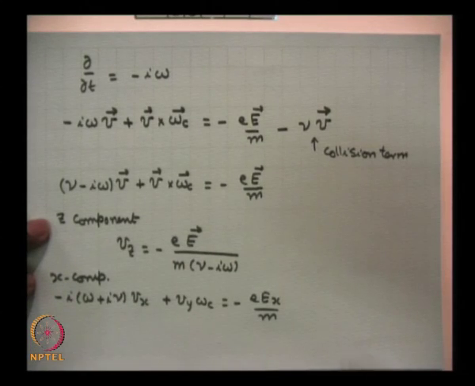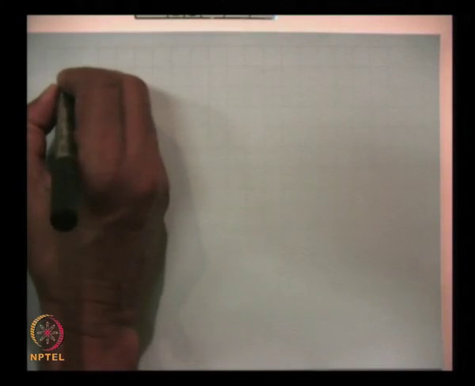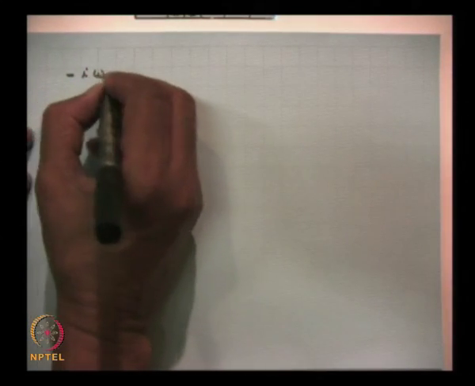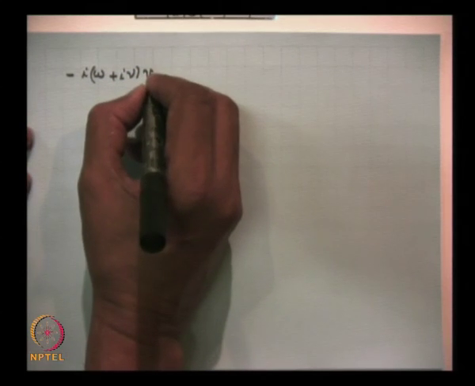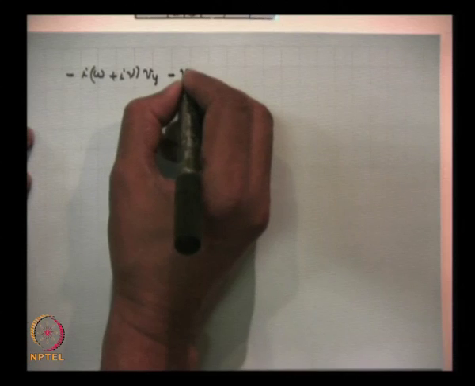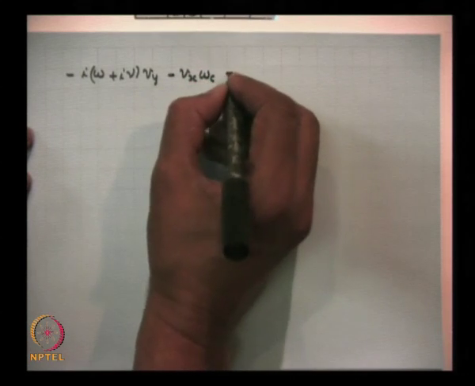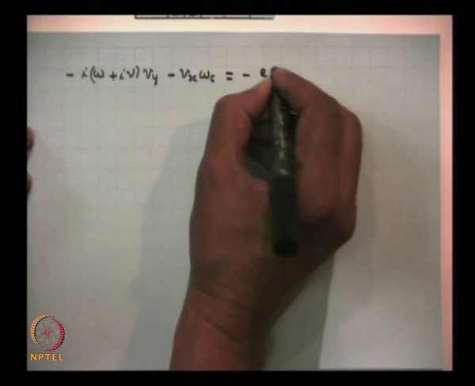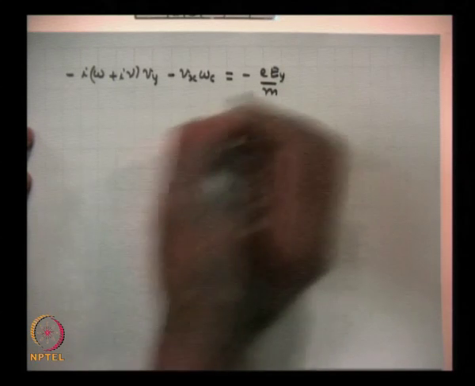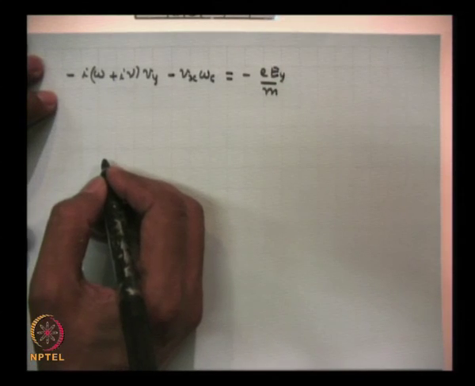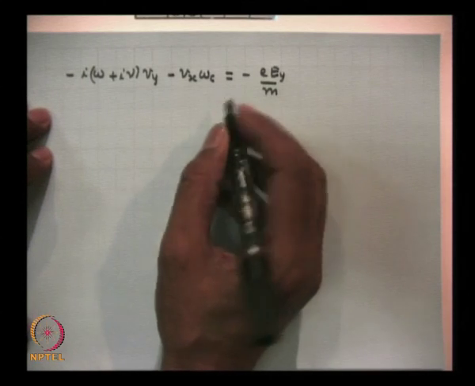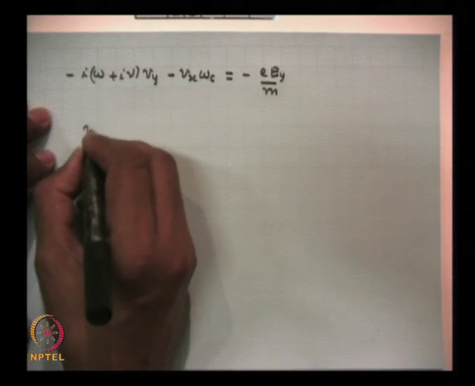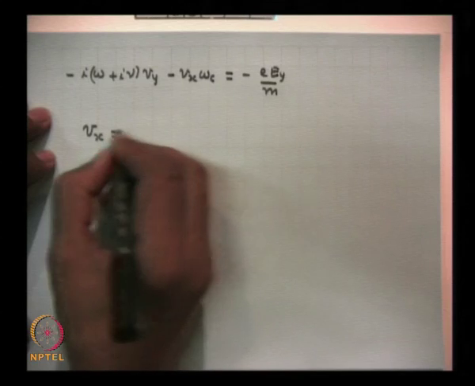Similarly, I will write down the y component, which turns out to be minus I (omega plus I nu) into Vy minus Vx into omega c is equal to minus Ey upon m. These equations are coupled algebraic equations for Vx and Vy, which can be solved to obtain Vx and Vy, and I will simply write the value of Vx and Vy separately.